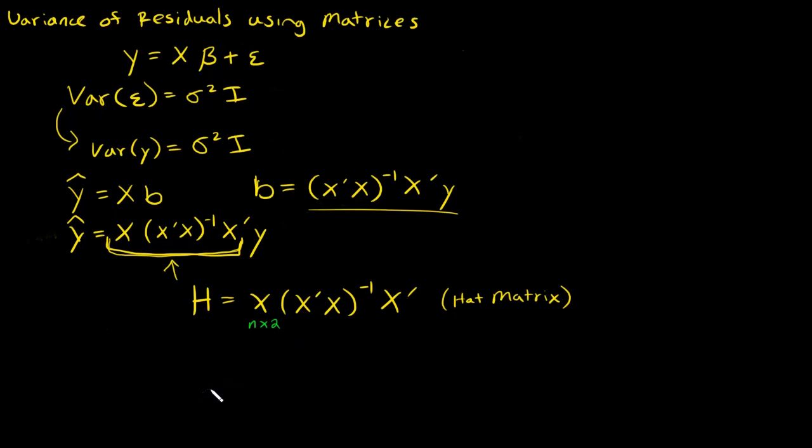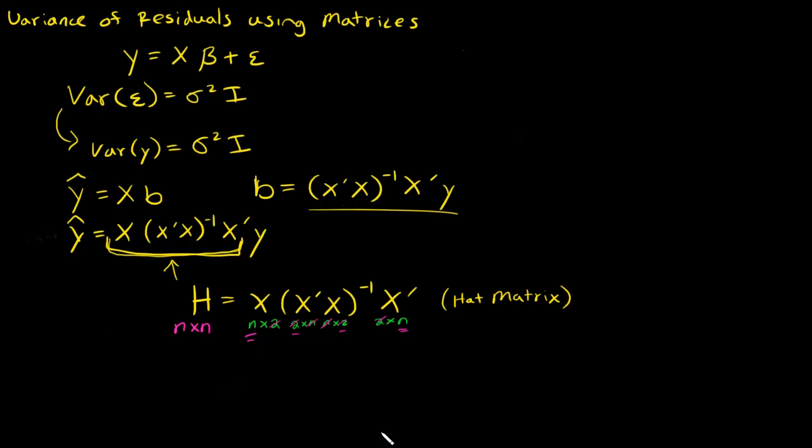Then X transpose is 2 by n, and X is again n by 2, so all of the middle terms cancel with each other. The inverse of a 2 by 2 is just 2 by 2, and those cancel, and you're left with an n by n. So our hat matrix H is n by n.